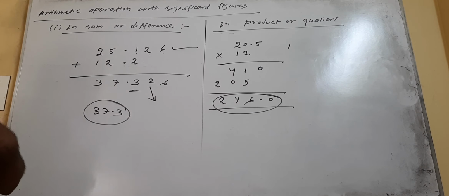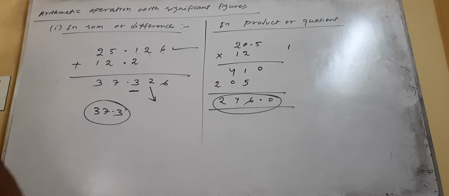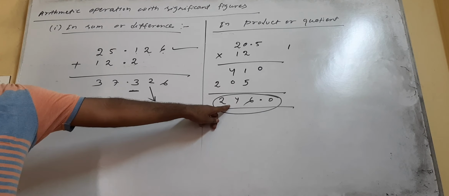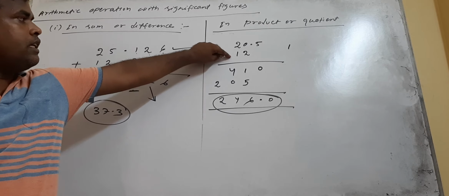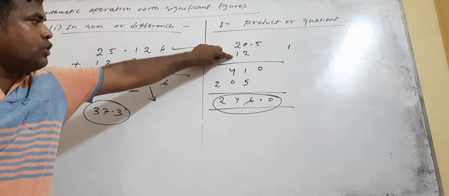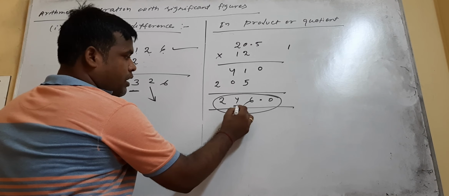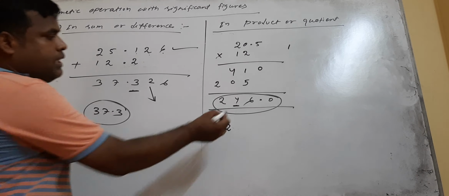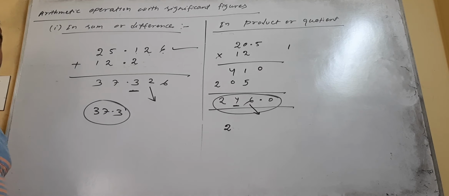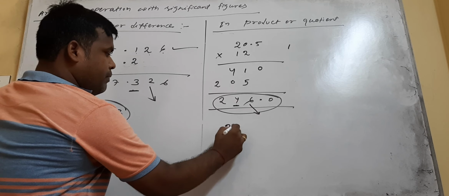We have to round this number up to 2 digits because we have to make it two significant figures, because here it is 3, here this significant figure is 2, so the result should have two significant figures. That means we have to round this number at here to 4. That means the digit to be dropped is 6, that is more than 5. So the preceding digit will be increased by 1 to 5.